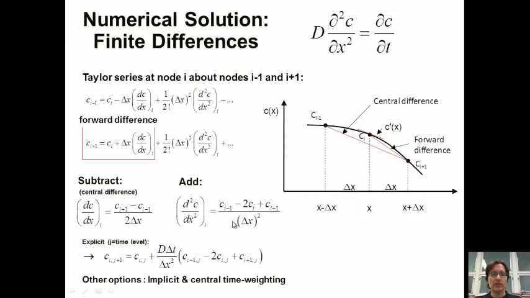If we add these two Taylor series, we get an estimate for our second derivative, which interests us in this diffusion equation.